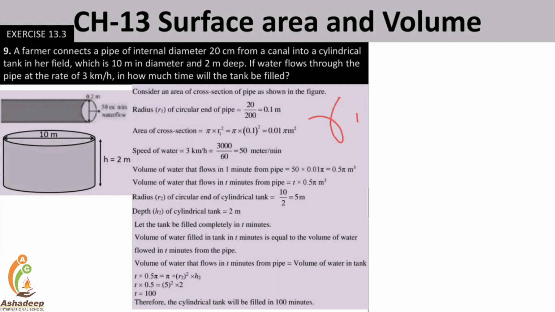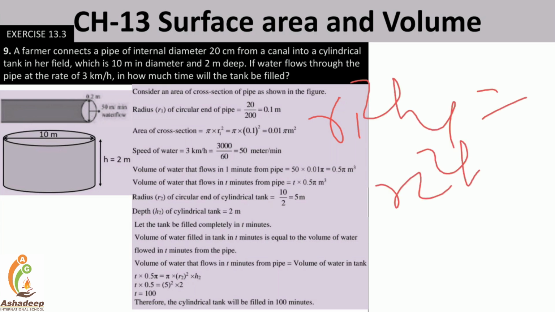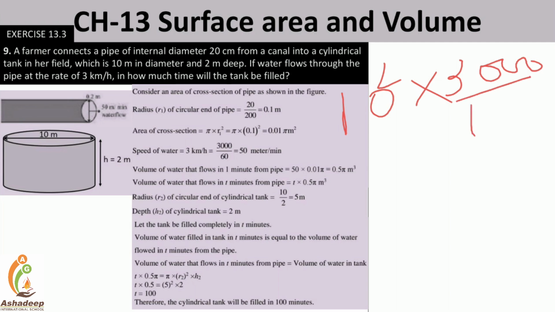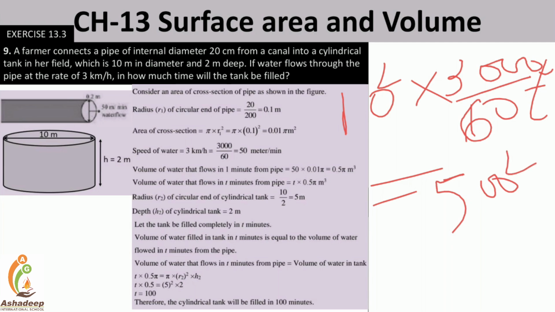That is R1²H1 = R2²H2. Now what is R1? R1 is 10 squared into H, and H is 3000 divided by 60 into T, equals R2, which is 500 centimeters squared into 200.